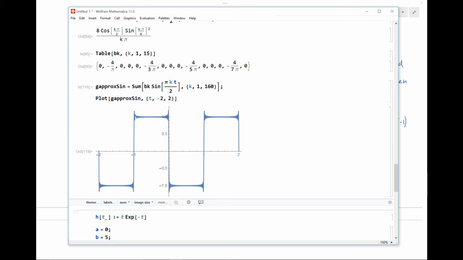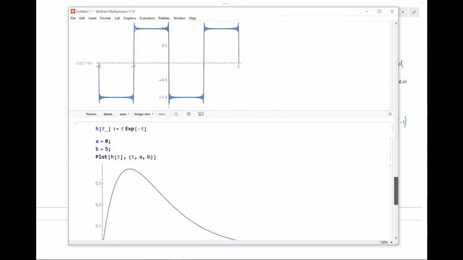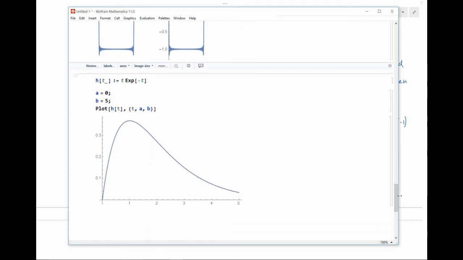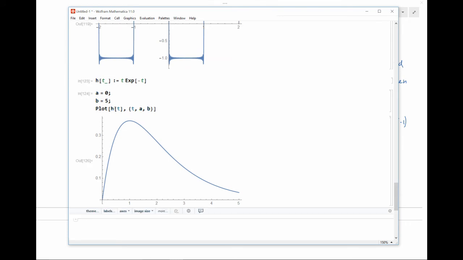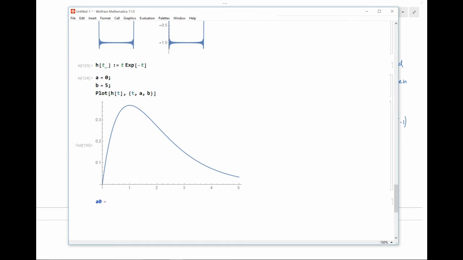Just like the last time, I want to consider a different function. So let's go back to our function t e to the minus t, and then compute the cosine and sine series for it. So a naught is going to be 1 over, now I have b playing the role of L, so it's just going to be 1 over b, the integral of the function h of t times 1, and we're going to integrate from 0 to b.